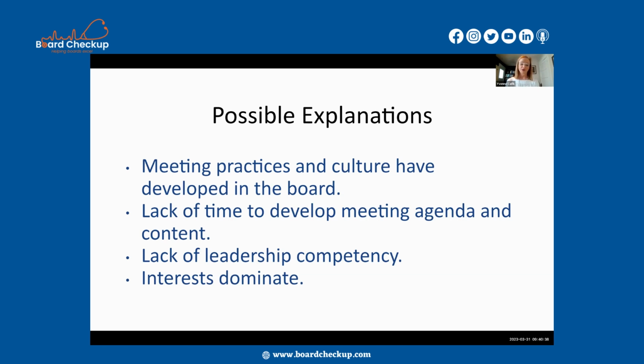And of course, certain interests might dominate, whatever they are, but the board really needs to be clear. Even within the board, there are multiple interests driving decision making, and is the board really clear what interests the board is acting on in the decision itself?